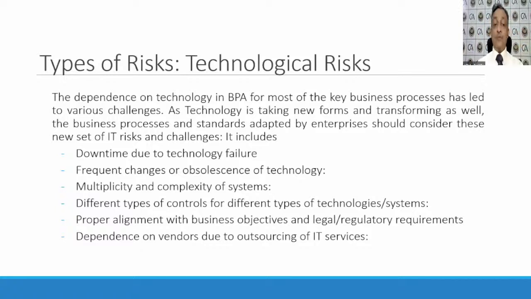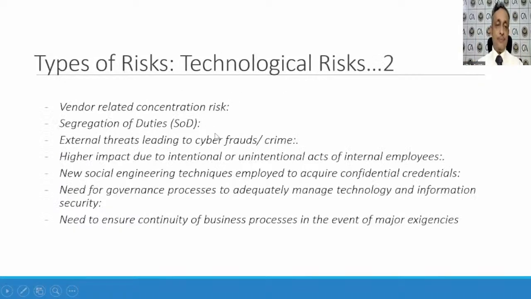Multiplicity and complexity of the system. Then types of controls for different types of technologies. Poor alignment of business to legal requirements. Very important. Dependence on vendors due to outsourcing of IT services. Very, very important. So these become sources of technological risk. Vendor related concentration: if your vendor has a monopolistic business and the vendor goes bankrupt, how do you survive?